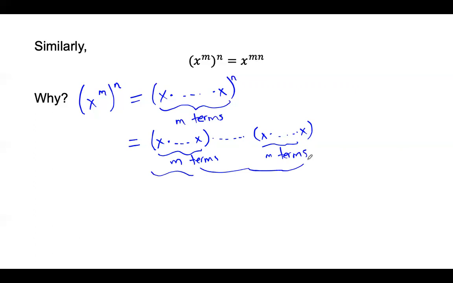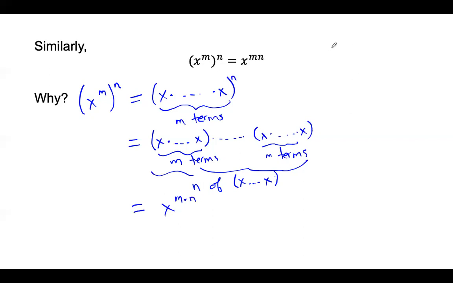So the whole thing is n of these x's. So in total, there's going to be m times n terms, which is x to the power m times n.